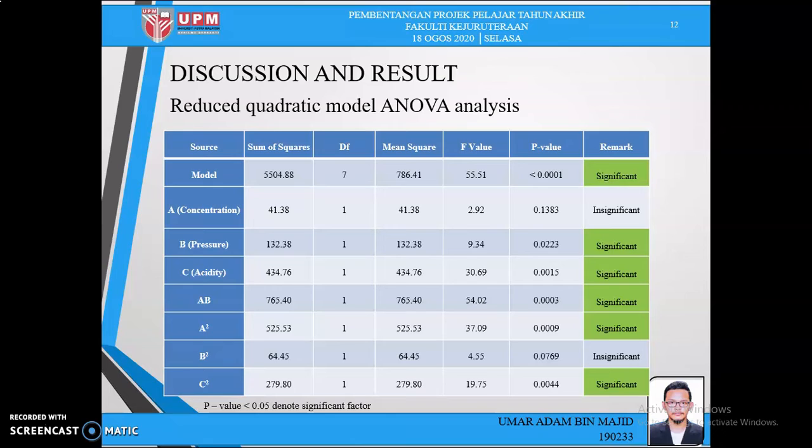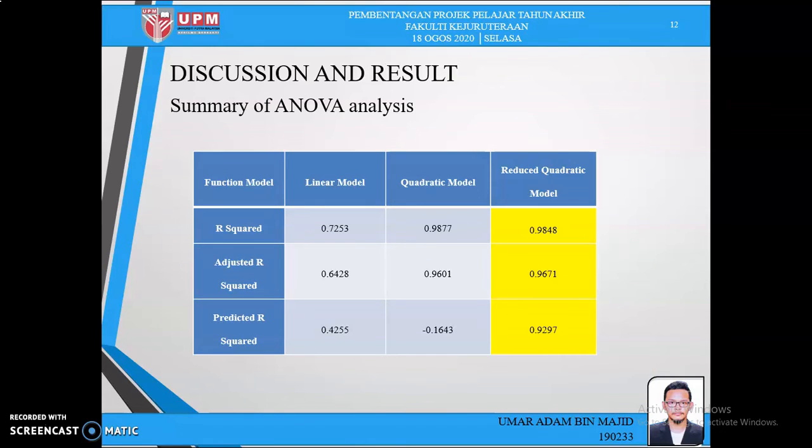The reduced model was used because the insignificant interacting factors were removed, and based on this model we can see that R squared, adjusted R squared and predicted R squared are all higher than 0.9.